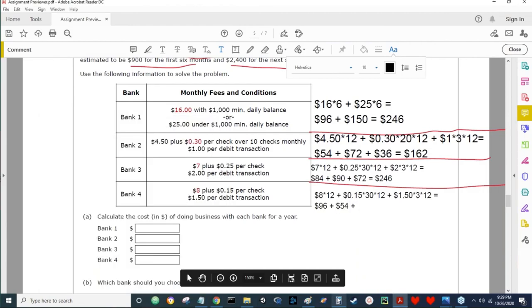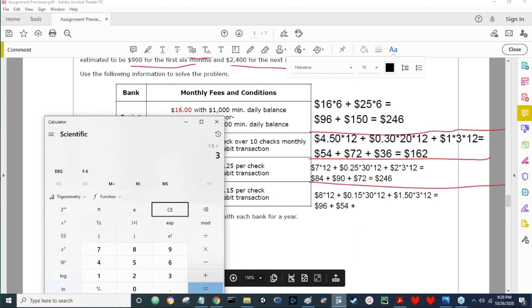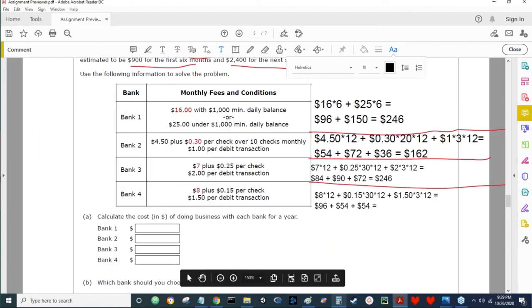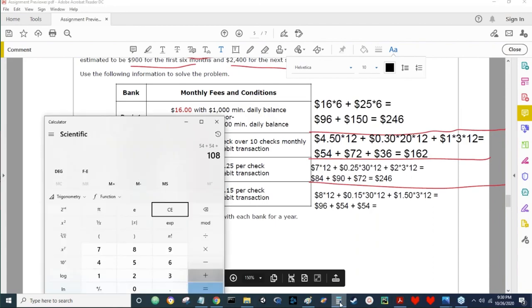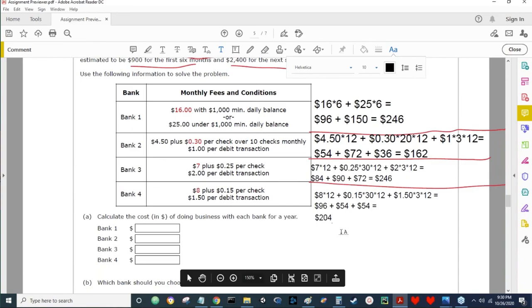So same thing as before, I'm just doing the multiplication. $54 here. So this one's $204, a little bit cheaper than Bank 1 and Bank 3, but Bank 2 is my winner, okay?